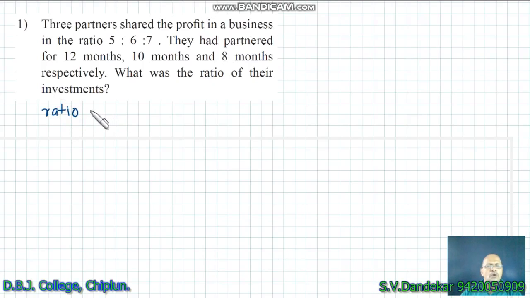Ratio of profits is equal to 5 is to 6 is to 7.